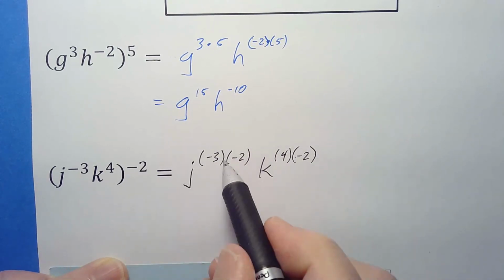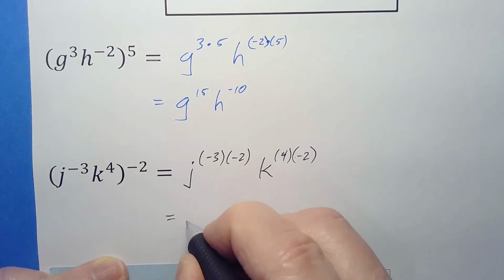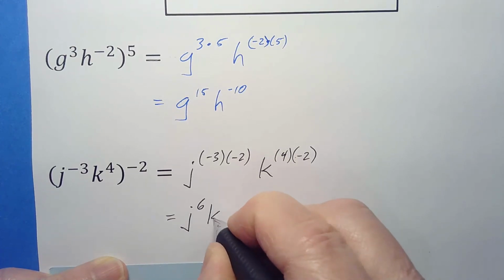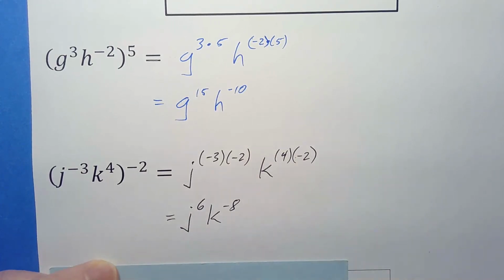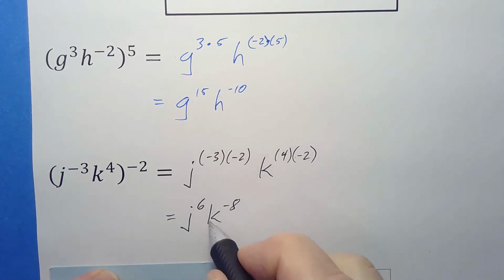Notice the negative 2 gets multiplied times both. And so this just becomes j to the 6th and k to the negative 8. Again, can't keep going. Can't do anything more to that. j and k are separate bases. I got to stop there. But that's good. I've now simplified this whole thing.